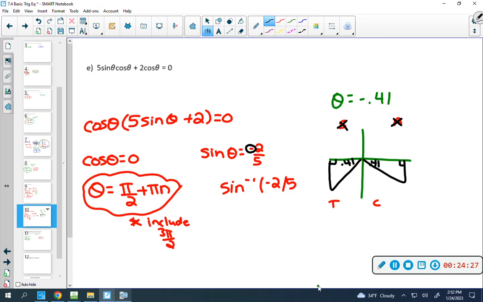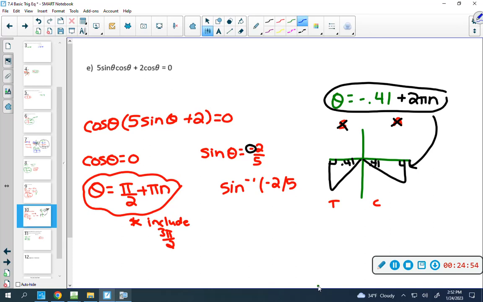So to list my 2 answers, I'm going to work off of this one first. Now, you could measure from 0 all the way around. Nobody says I have to give all my answers positive. Nowhere does that say that in these directions. So I'm just going to say, hey, I got to add my coterminals to this. So that's going to give you this answer, because I rotated down 0.41, plus the coterminals. We still need the other one, the quadrant 3 answer.